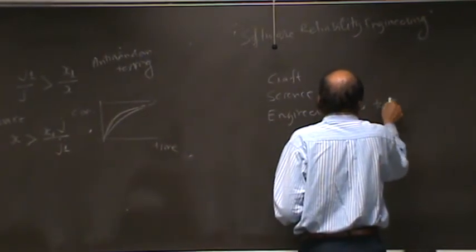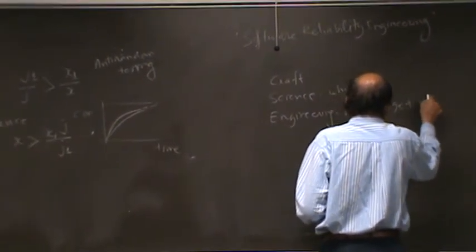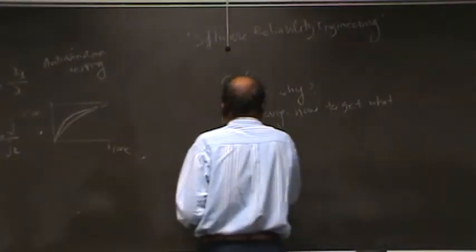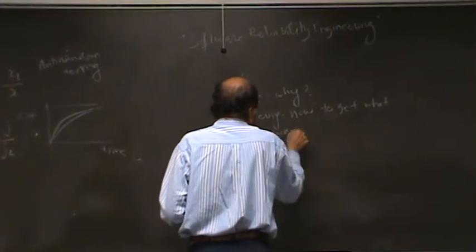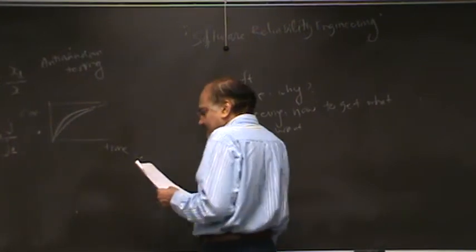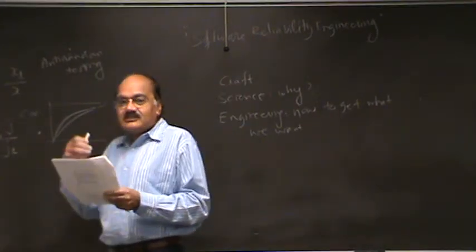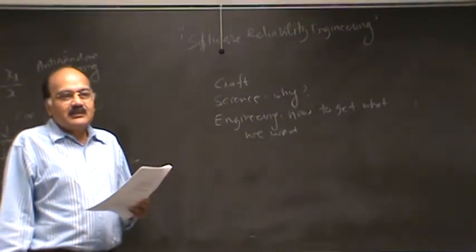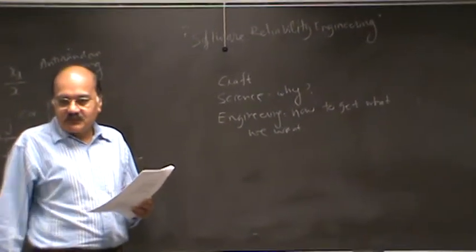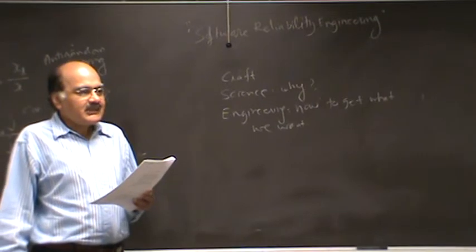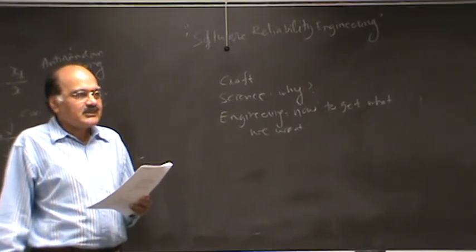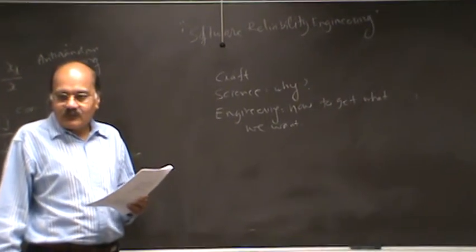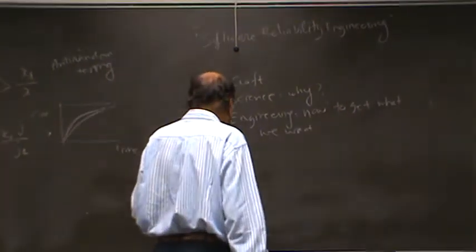How to get what we want. So in that sense, software reliability engineering is engineering because it is about how we get what we want, and typically we want a certain degree of assurance that the software will work correctly.